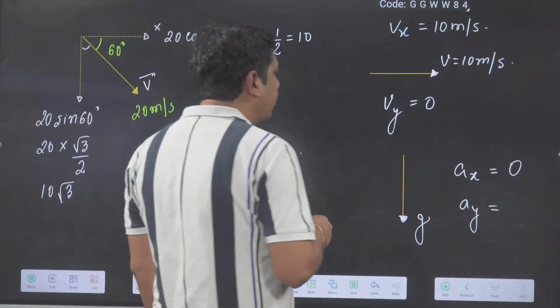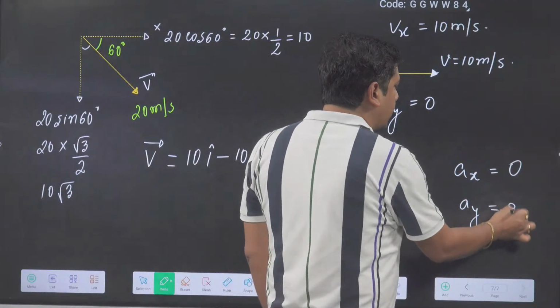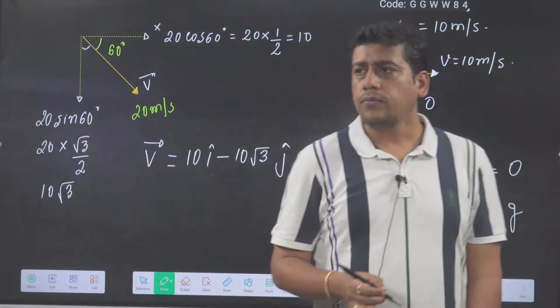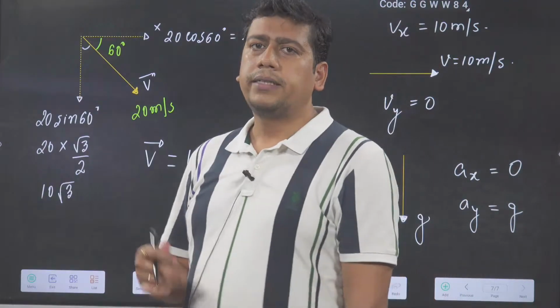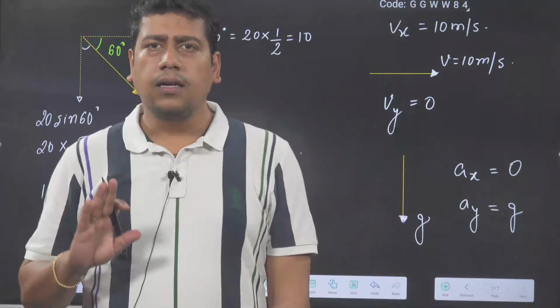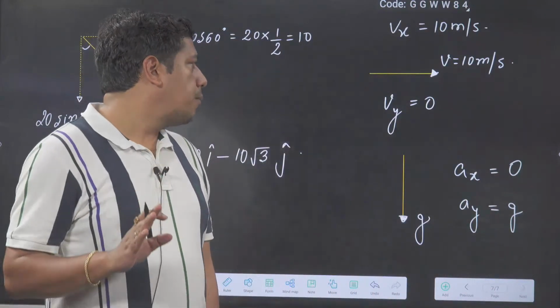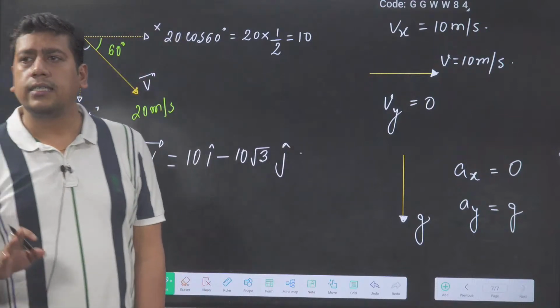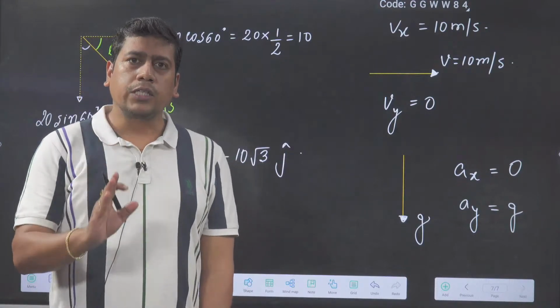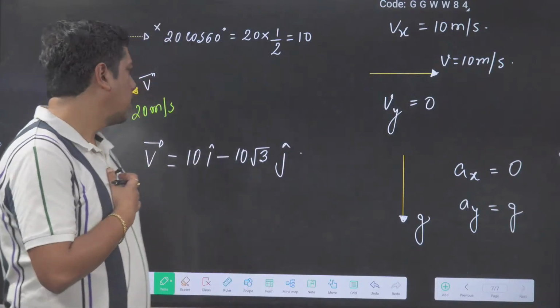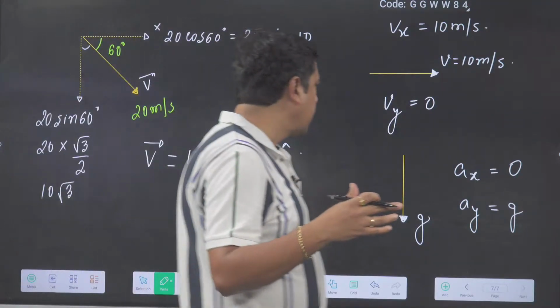So its x acceleration will be 0 and y acceleration will be g. Plus g or minus g will depend on the sign, don't worry about that. But x component is 0 and y component is g. Remember this point, because this will be used in projectile motion and at multiple other places.